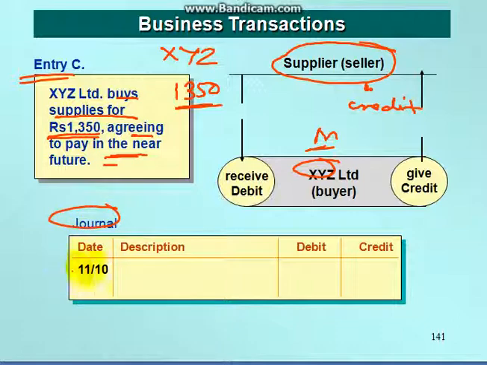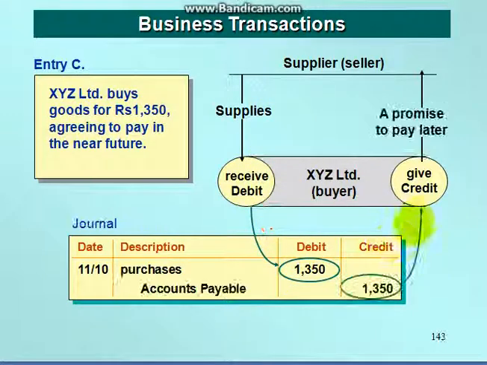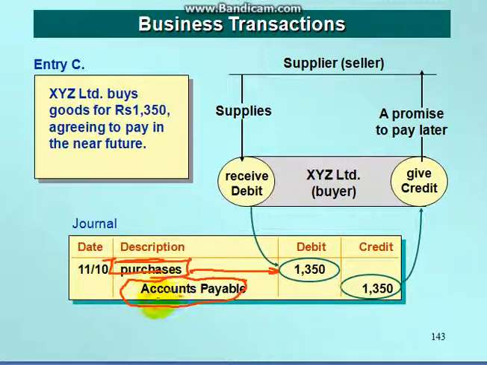Here journal entry, date. Now what is the description? Description is the purchase made. Purchase made is what comes in is debit and what goes out is credit. So here it is mentioned that on the purchase section we will write 1350. This is purchase side, and we need to pay money afterwards. So in the account payable section it is written 1350.